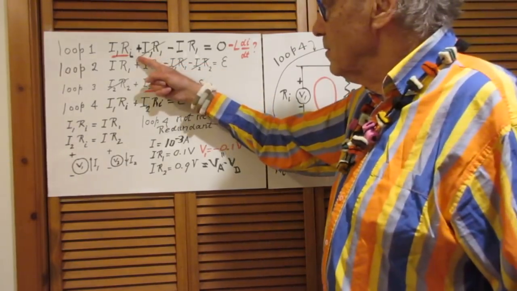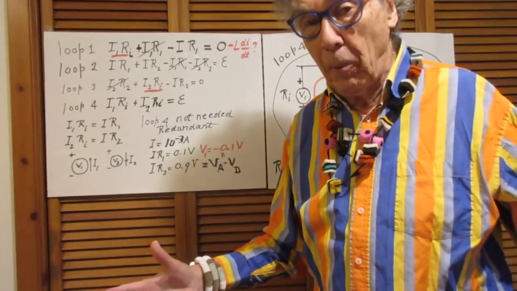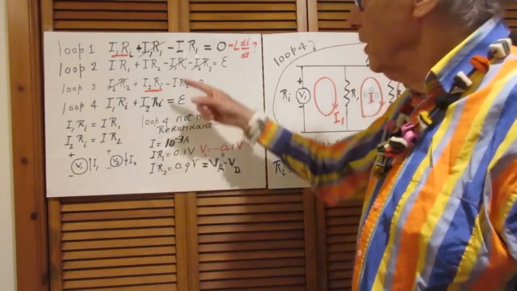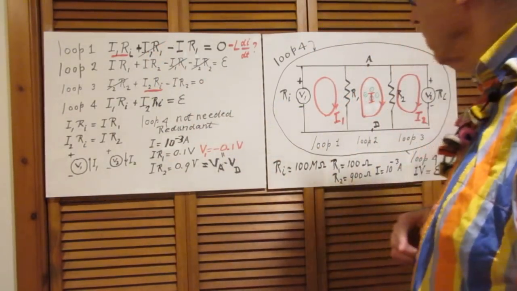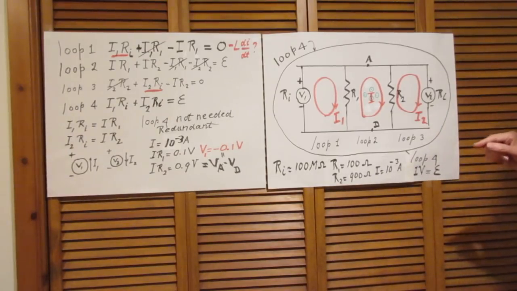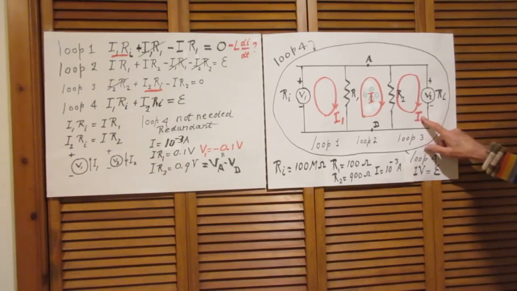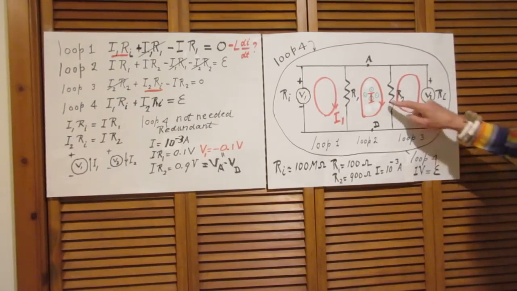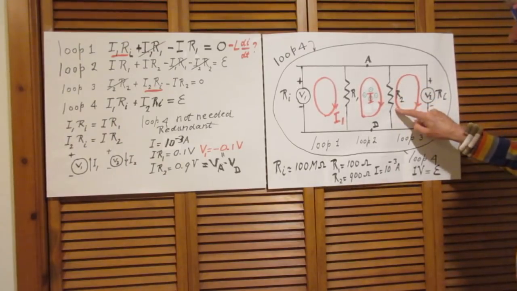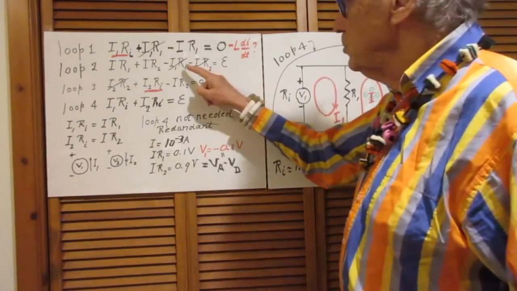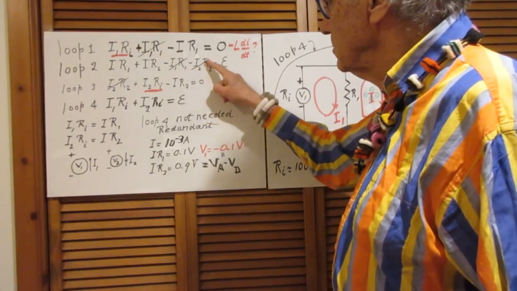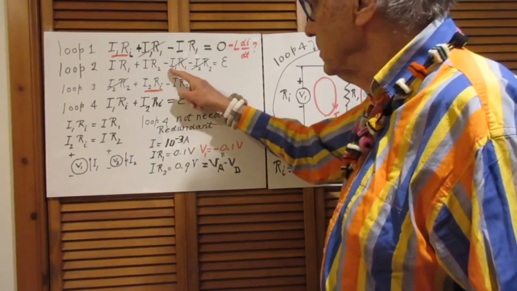So you can comfortably neglect the term I1 R1. For the same reason, I2 R2 is also probably 1,000,000 times smaller than IR2. So here you can also forget I2 R2.